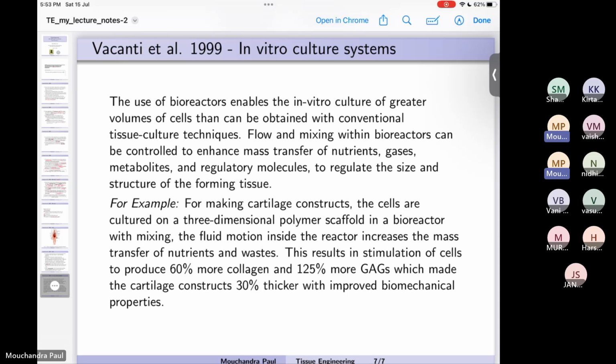All right, the cells that you have given won't grow very well. So these kinds of things, improved mechanical property, then secretion of the ECM proteins by the cells, all improved when people used a bioreactor kind of a system to make tissue engineered medical products.